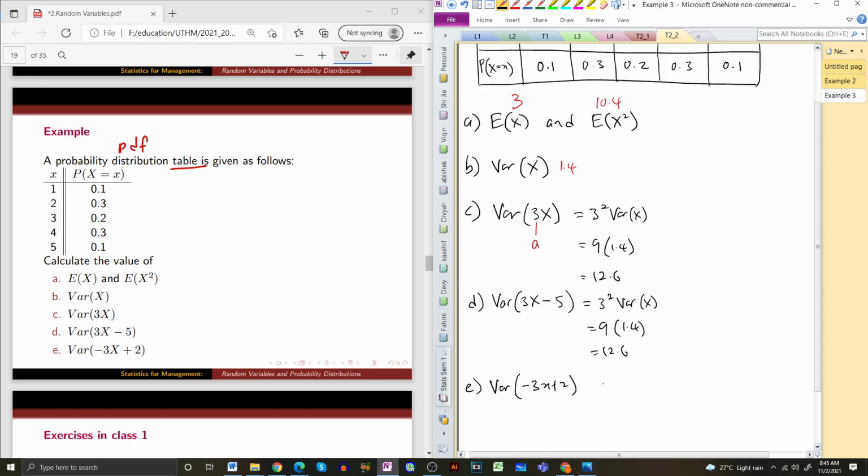So for variance, any constant plus or minus, just ignore it.